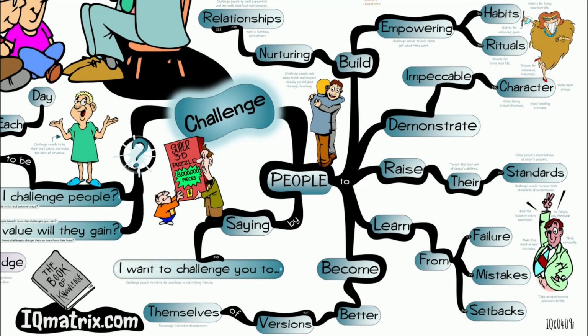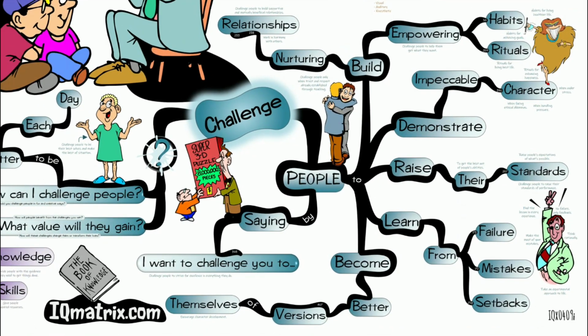What we have here is essentially a blueprint of the things that we need to be able to focus on in order to influence people. Now, what I'll do is I'll highlight some of these areas. So, first of all, nurturing relationships.